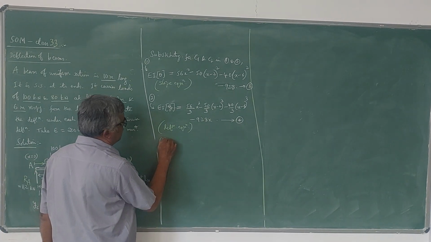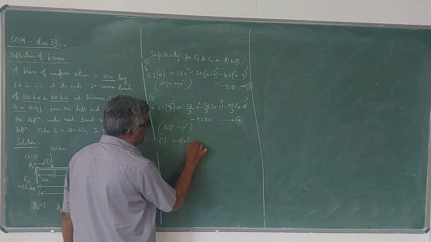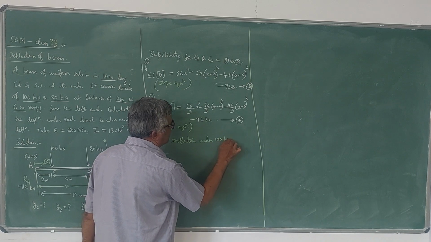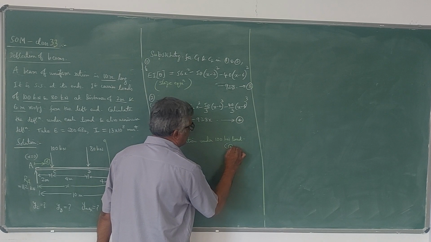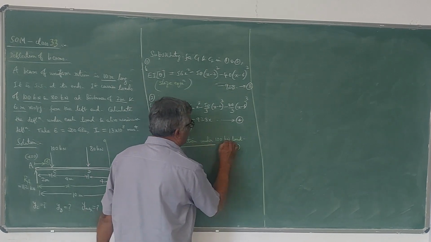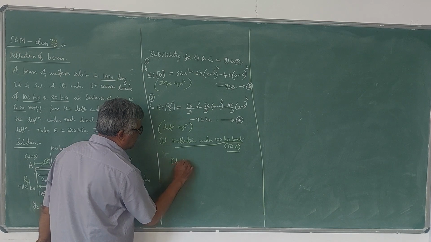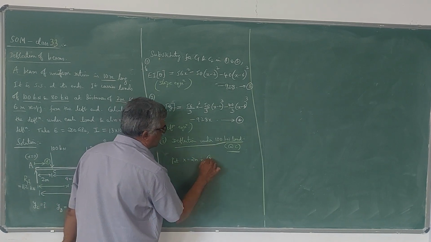So first thing, I will take the deflection at C. He has asked under the node. So that means at point C. So if you want deflection at point C, you have to put x is equal to 2 meters in equation 4, because 4 is the deflection equation.